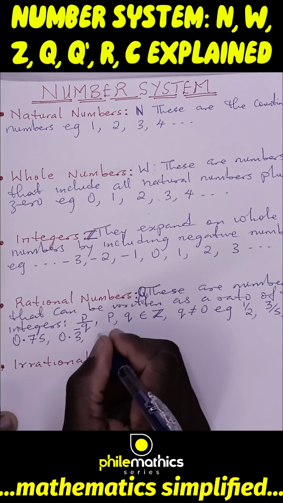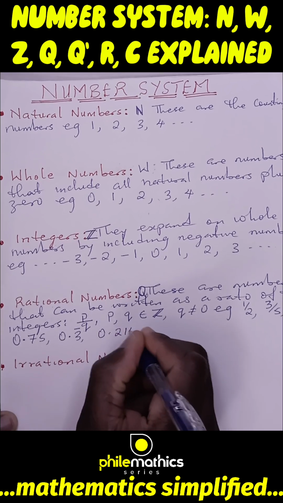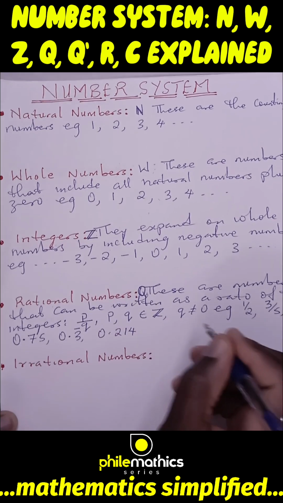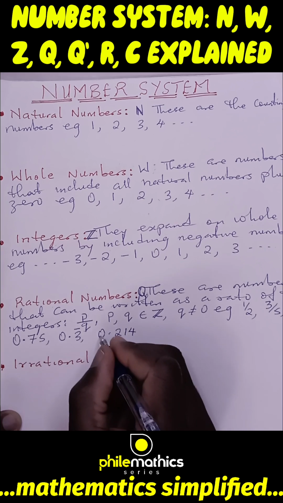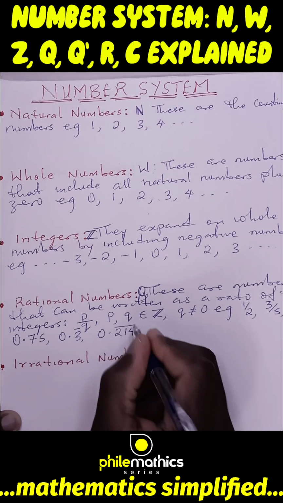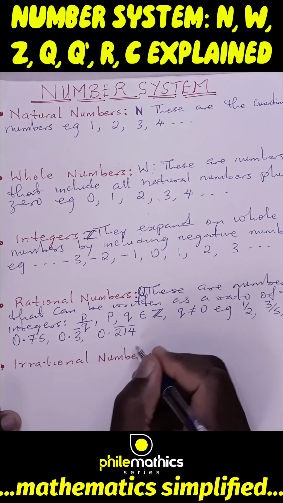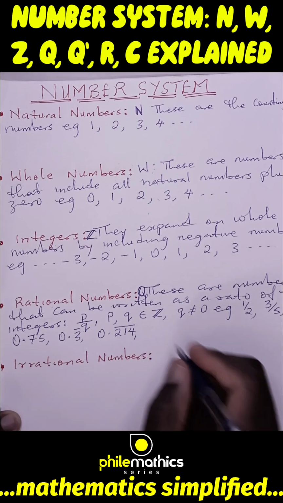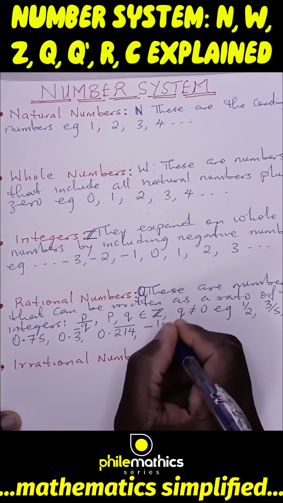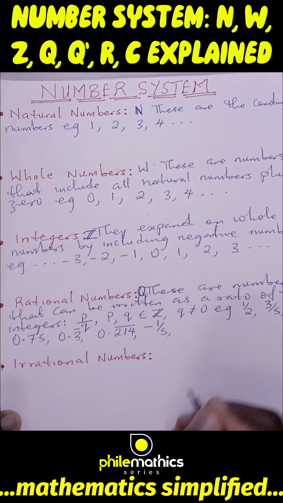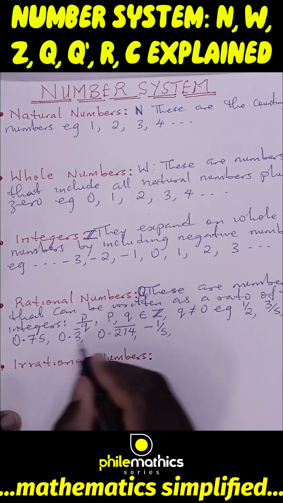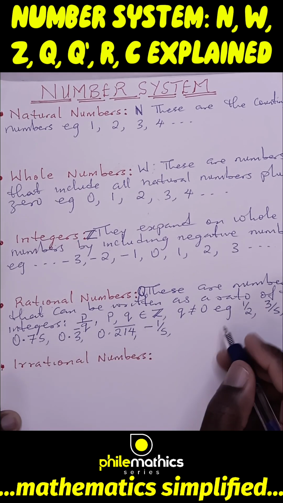Another recurring decimal 0.214214, and we represent it as 0.214 bar. This shows recurring decimal. Even negative fraction, minus 1 over 5. These are examples of rational numbers.